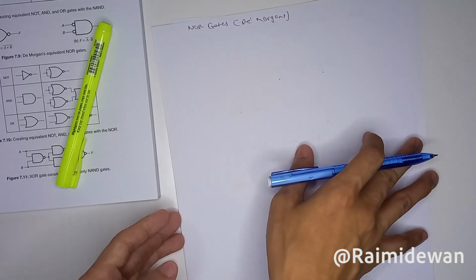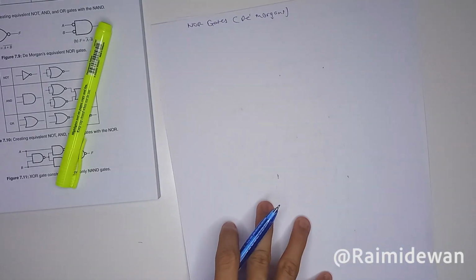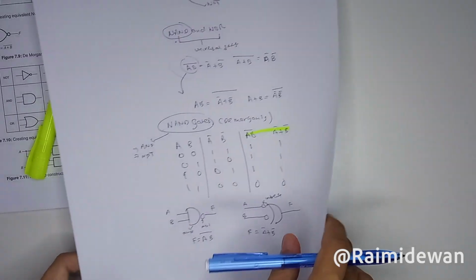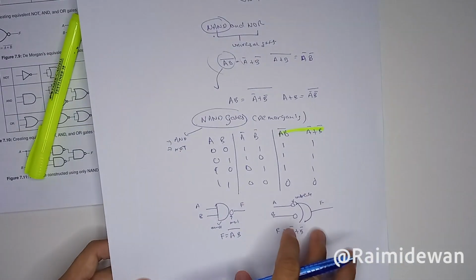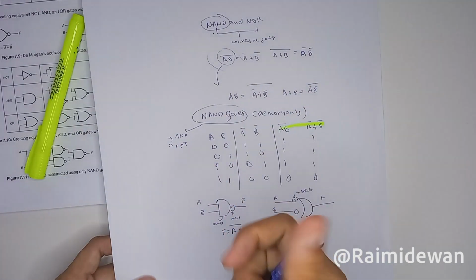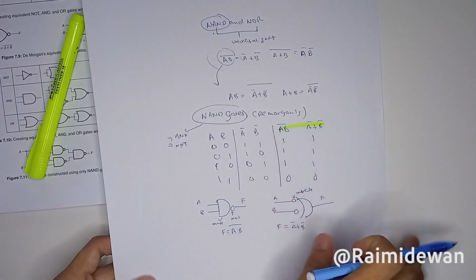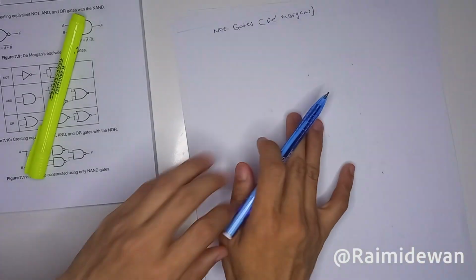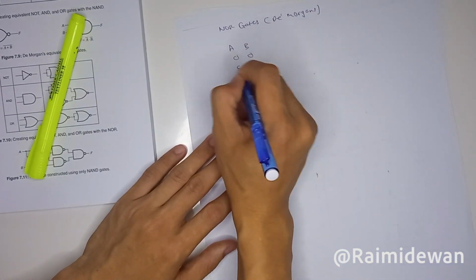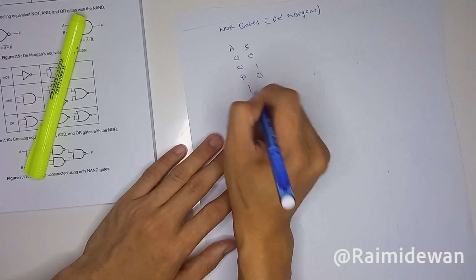Okay, so how about the NOR gate then? For the NOR gate, we will consider this. The same thing, A, B, possible input combinations.